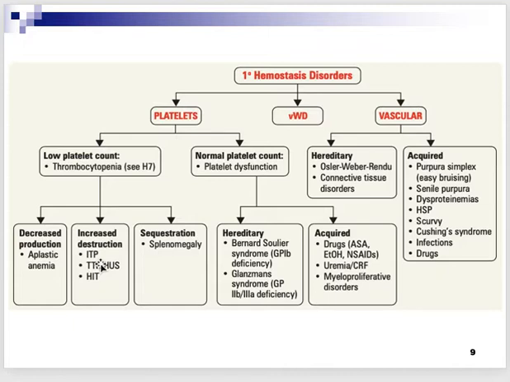TTP, or thrombotic thrombocytopenic purpura, and HUS, hemolytic uremic syndrome. Basically what happens in TTP is there is a deficiency of metalloproteinase. This metalloprotease basically breaks down the large particles of von Willebrand factor.